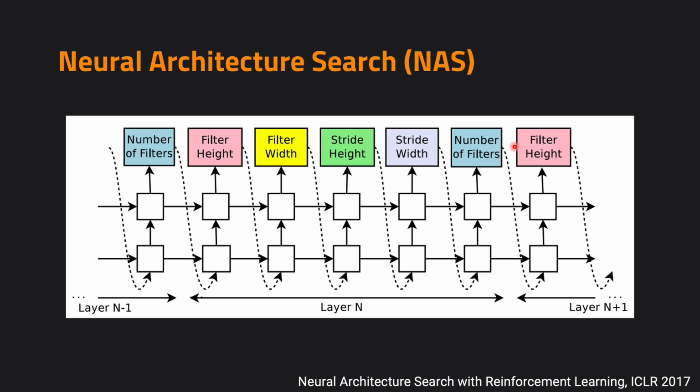Therefore, the initial algorithm for architecture search can take thousands of GPUs and multiple days to find the best configuration. Nowadays people are doing better, but neural architecture search in general is still very computation intensive.